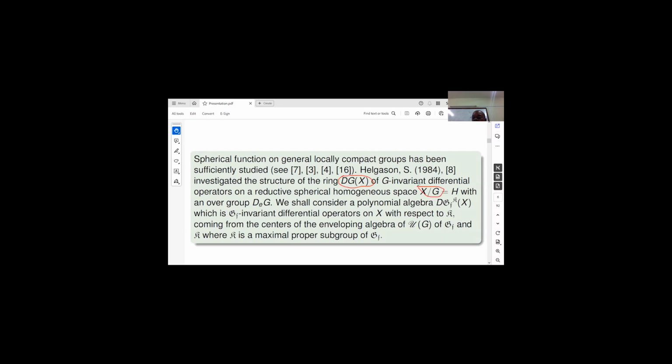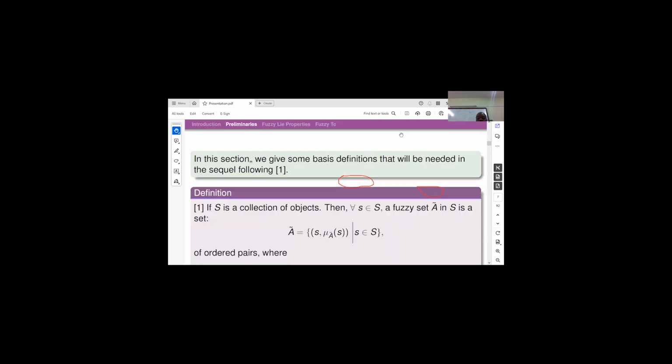Helgason has shown that the space of all invariant differential operators on G is commutative under convolution and even under composition. And so this space is where we have solutions of these invariant differential operators to construct our spherical functions. For this purpose, let me just give a brief introduction.